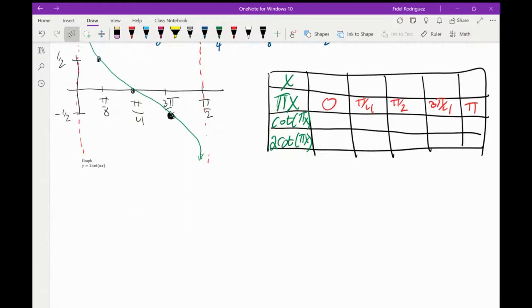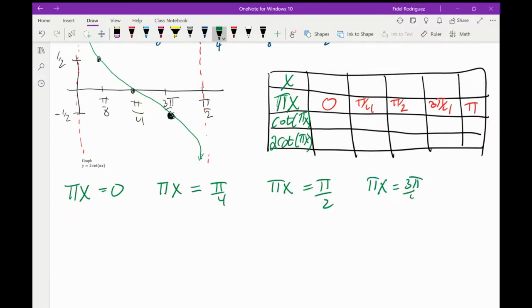So just like we did before, we're going to solve these equations. We're going to set pi x equal to 0, pi x equals pi over 4, pi x equals pi over 2, pi x equals 3 pi over 4, pi x equals pi.